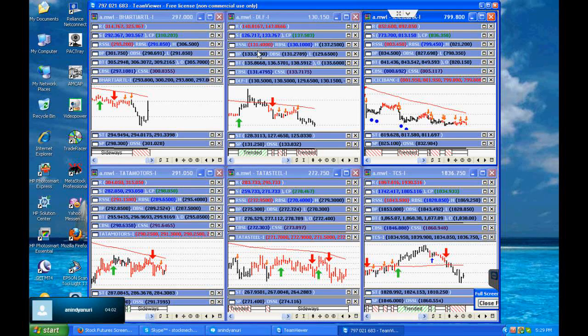Okay. So now we'll take one chart at one particular point, and first I'll just explain the terminology.